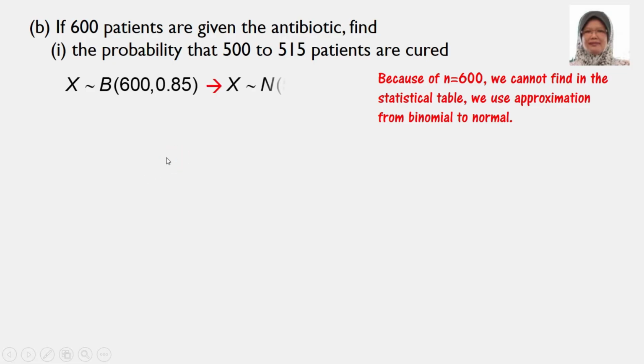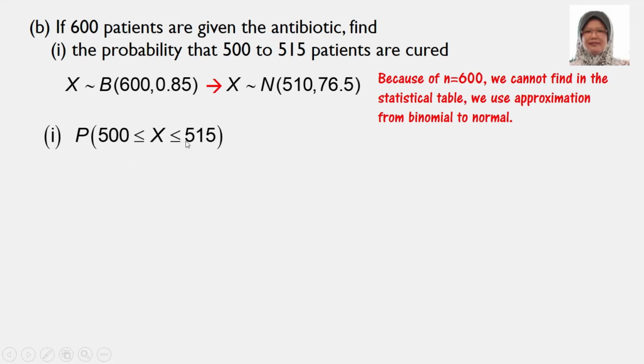So X has a normal distribution with mean 510 and variance 76.5. For B1, the probability that 500 to 515 patients are cured, we can write as P(500 ≤ X ≤ 515).